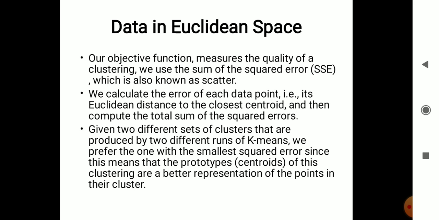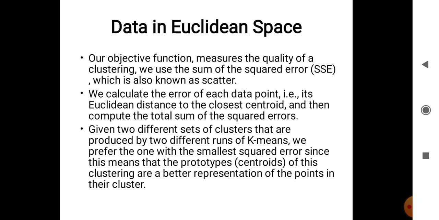Given two different sets of clusters produced by two different runs of k-means, we will generally prefer the one with the smallest squared error value, since it means that the prototypes of the clustering are a better representation of the points in their cluster. That means you will be considering only the cluster having the smallest SSE value.